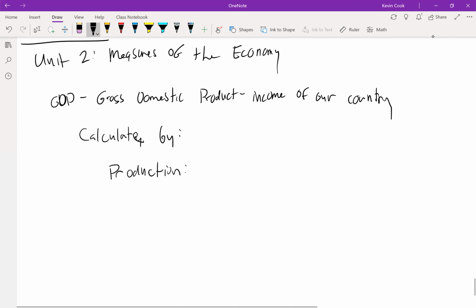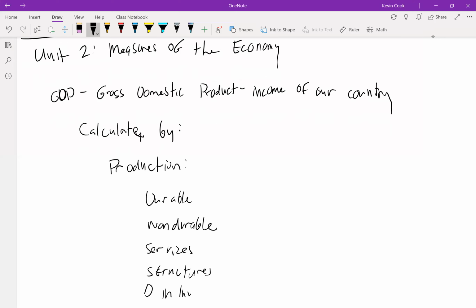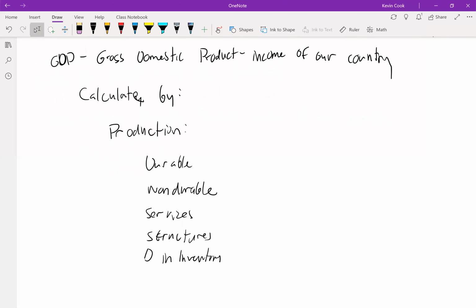and with production, what we would do is we would say, well, we have our durable goods, our non-durables, services, structures, and change in inventory. And then we just basically add all these together.